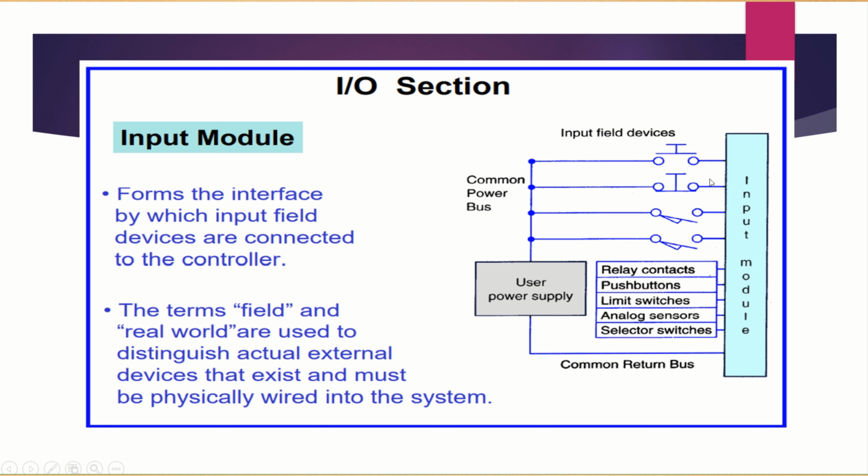Now, the input devices are wired here. For example, we can use this one as the start push button, the stop push button, and from the other sensors. These are field wiring from the devices wired to the input module.